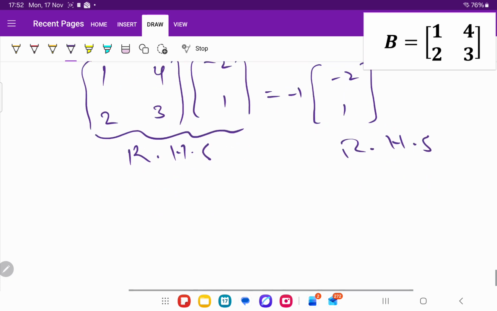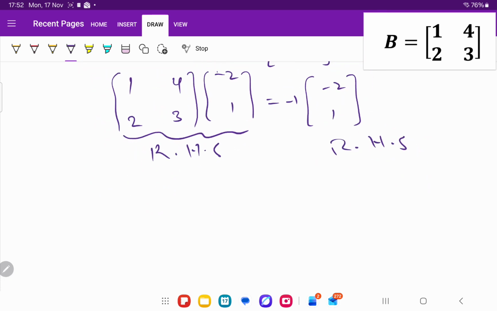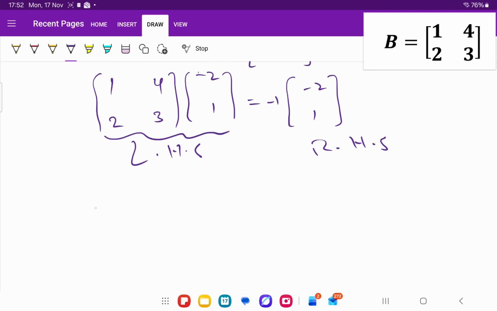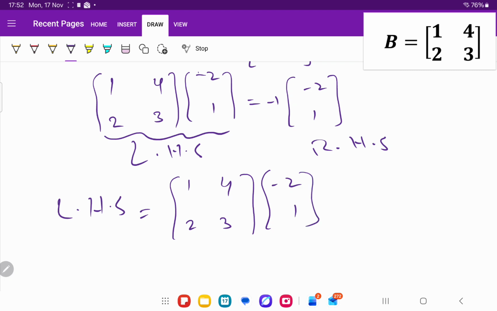We will pick the left hand side to get the right hand side. So the left hand side is 1, 4, 2, 3 multiplied by minus 2 and 1.